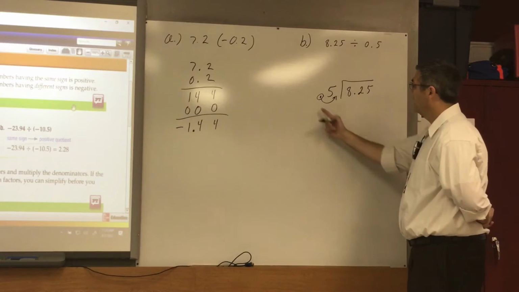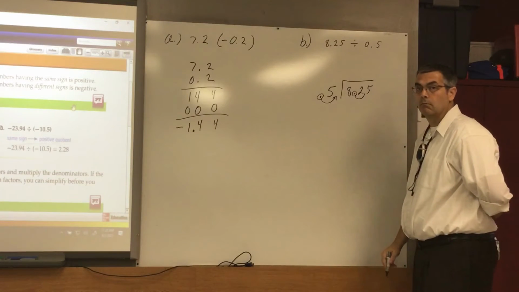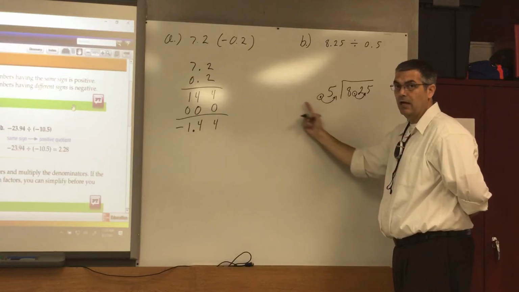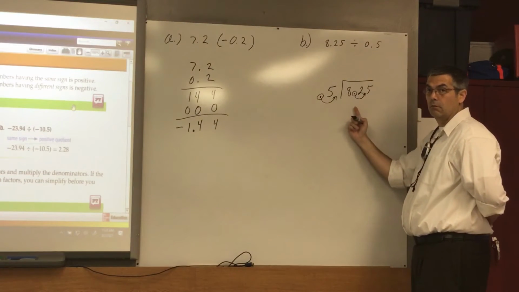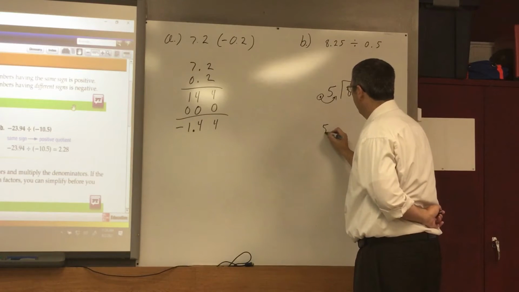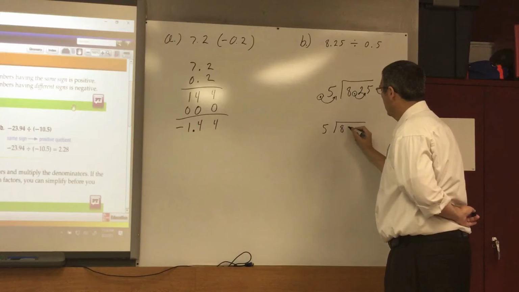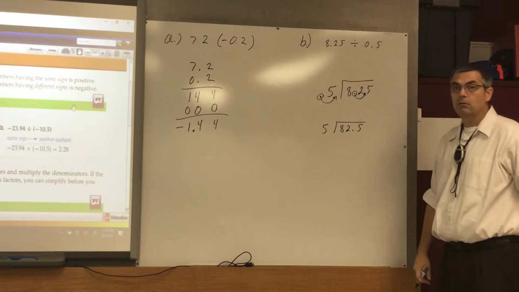Okay? But when I do this, I'm gonna take this one and I'm gonna move it here. However many spots I have to move it on this one, the one that's out here, I'm gonna move it on the one inside here. Okay? So I get 5 divided by 82.5.